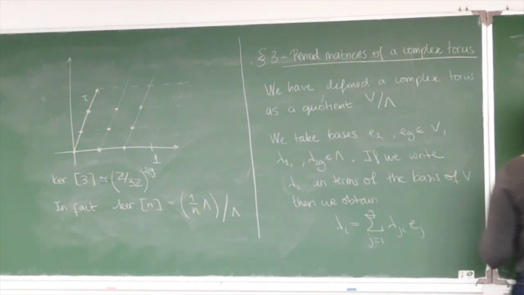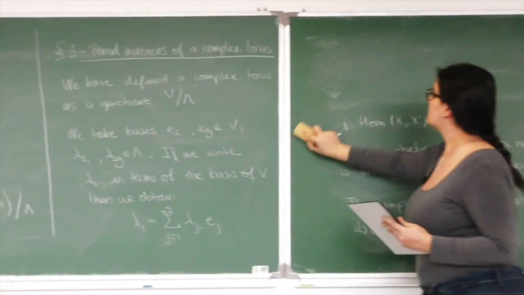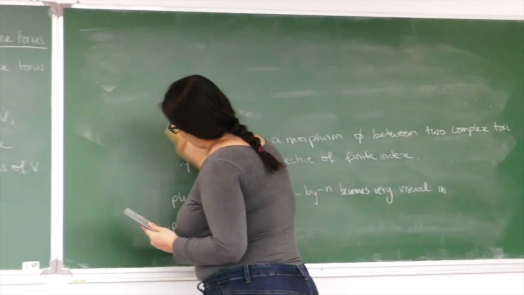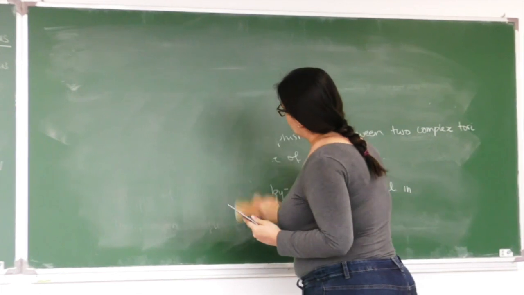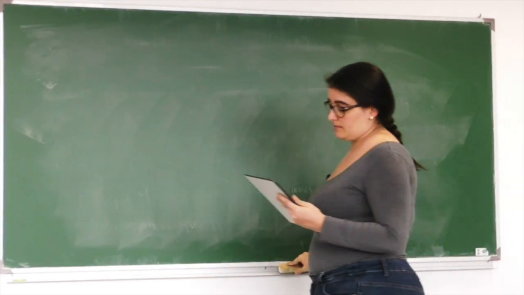And if we write this in the shape of a matrix, we will get a g by 2g matrix over the complex numbers that will represent and determine exactly our complex torus.